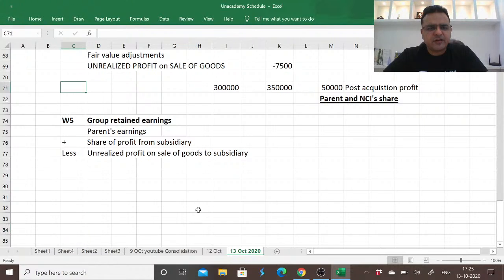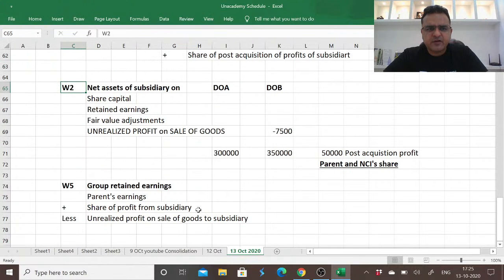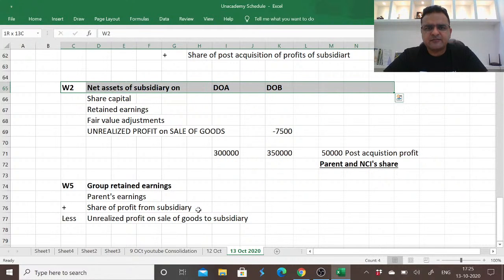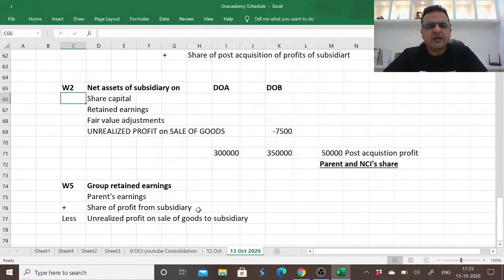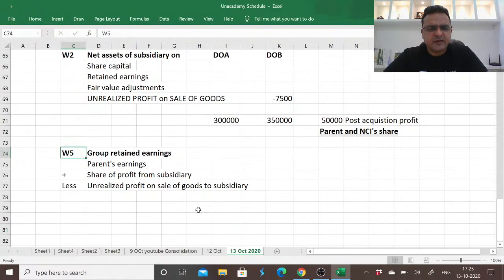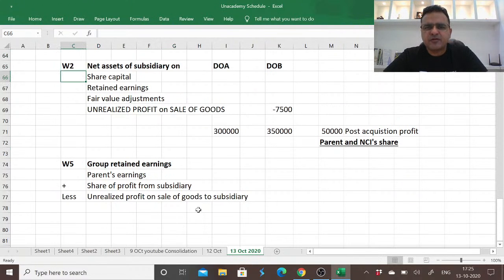So working note number 2 indirectly represents the income statement of subsidiary. Working note number 5 indirectly represents the income statement of the parent. So if the parent has earned that profit, we should remove it from working note number 5. And if subsidiary has earned that profit, we should remove it from working note number 2. That's the best way of doing it.